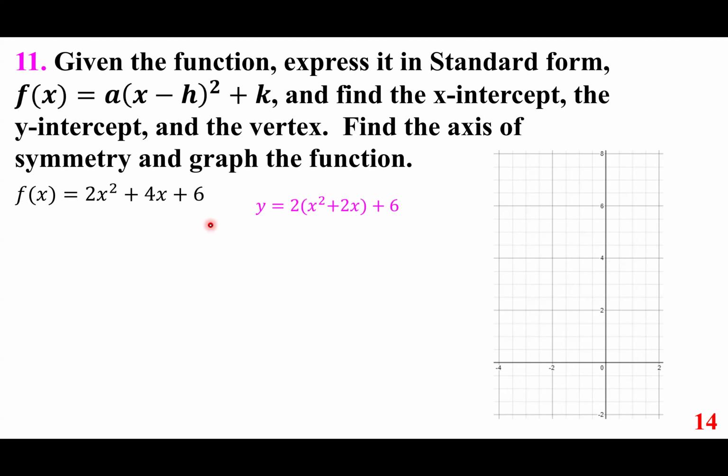So first and foremost, if you put these two together and take the 2 out, now we need to complete this square, so this is one methodology. We notice that b is 2, b over 2 is 1. Square it, you get 1. So if I add 1 here, in essence, I'm adding 2 times 1.